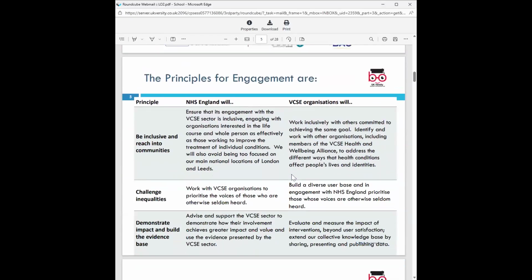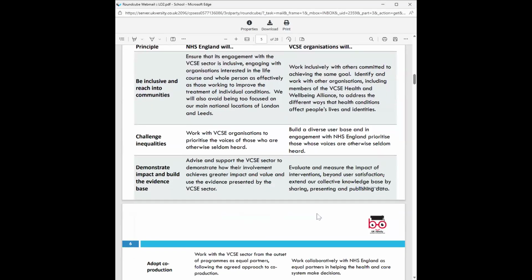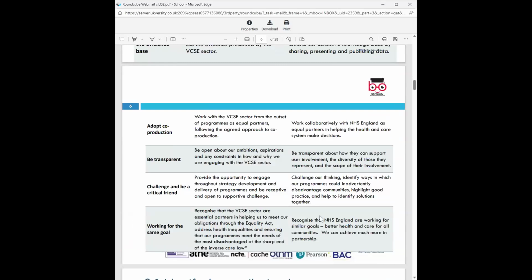The principles for engagement are: be inclusive and reach into communities, challenge inequalities. That's really important to make sure it's diverse and you challenge any sort of inequalities, demonstrate impact and build the evidence base as well. Adopt co-production, be transparent, be open, support everyone, get them involved.